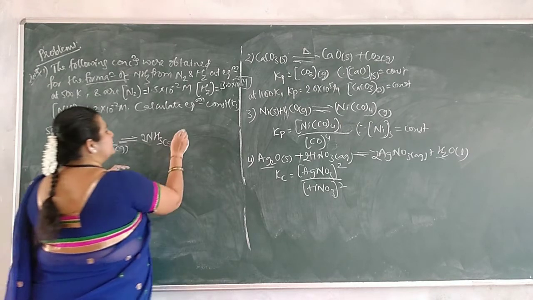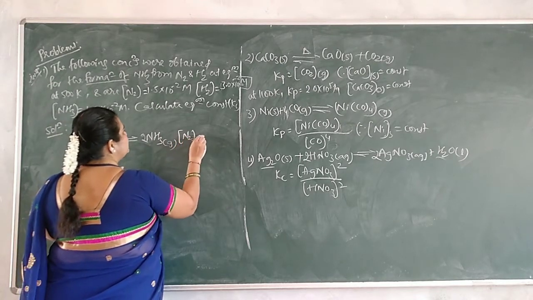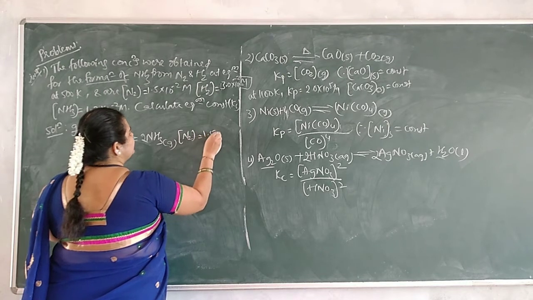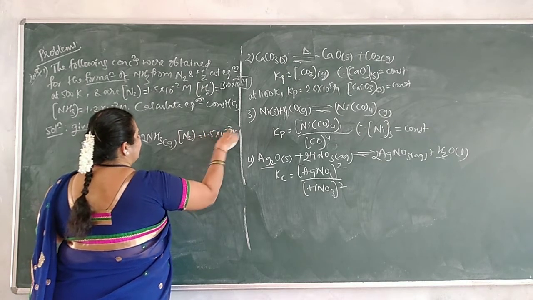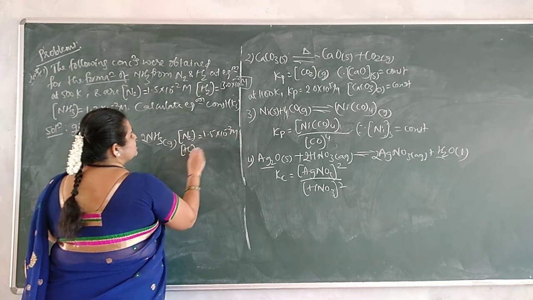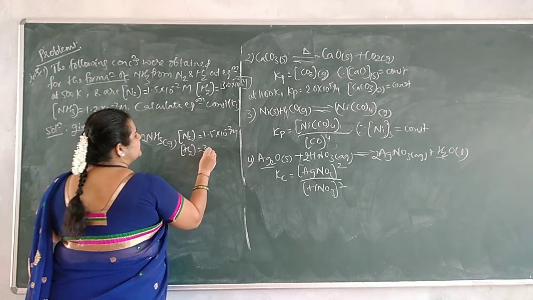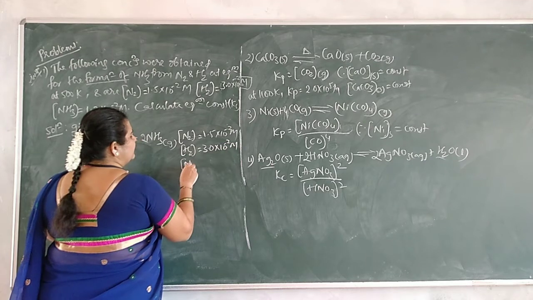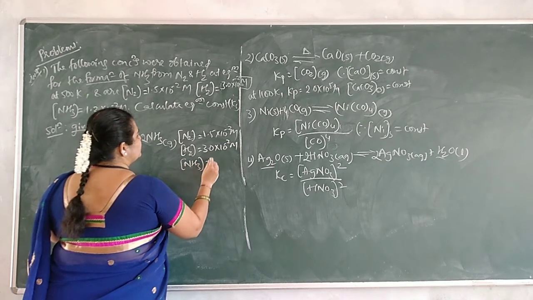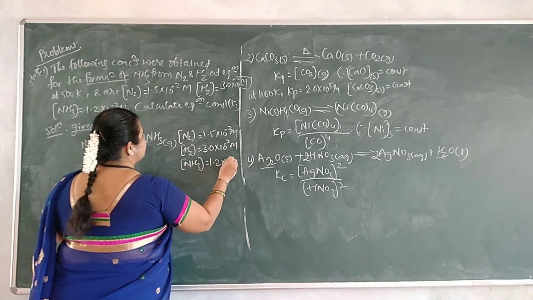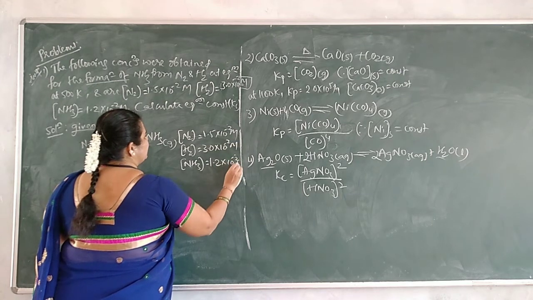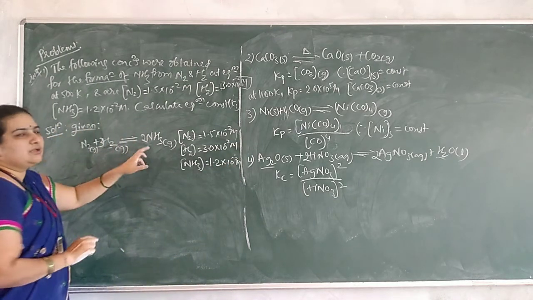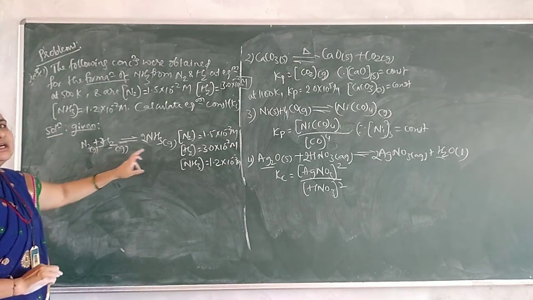Now, concentration of N2 is equal to 1.5 into 10 raised to minus 2 M, concentration of H2 is equal to 3.0 into 10 raised to minus 2 M, and concentration of NH3 is equal to 1.2 into 10 raised to minus 2 M. Now write the equilibrium constant for this reaction.